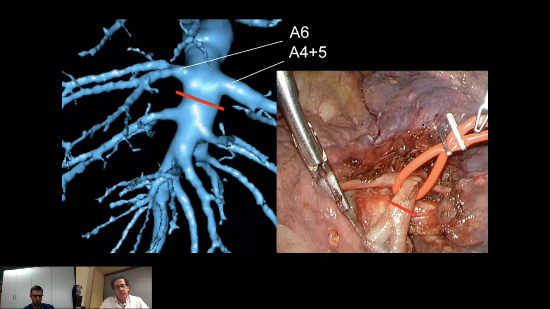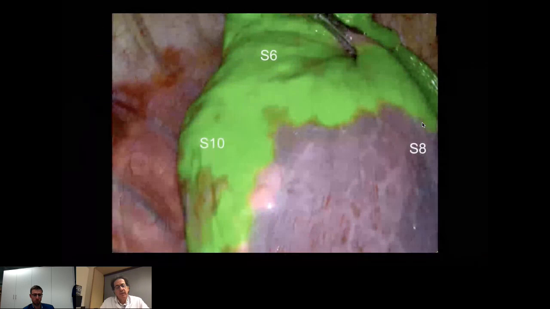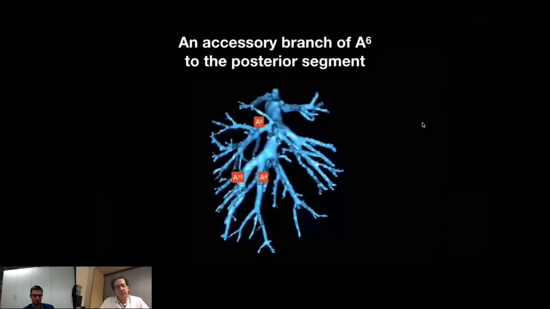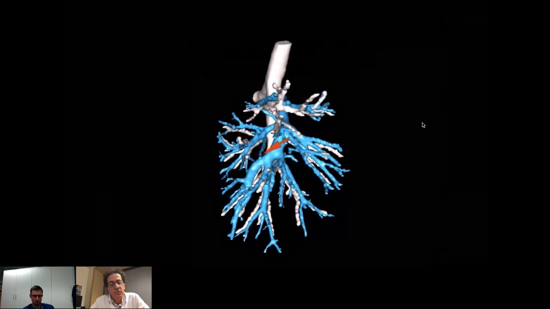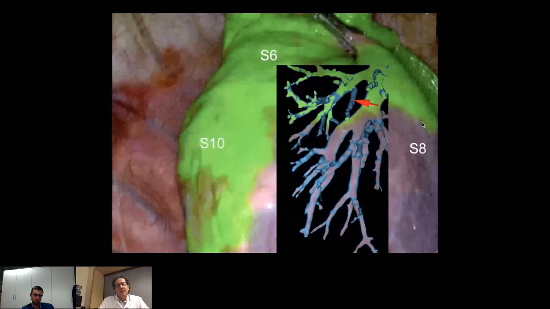Actually, this is what we got. So we were surprised, moved to the reconstruction, and saw that we missed this artery, which is unusual, coming from A6 to the basilar arteries, which explains it. So I think this is a good example to show you that this method is usually very accurate.